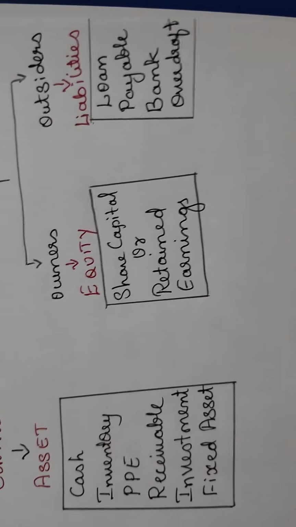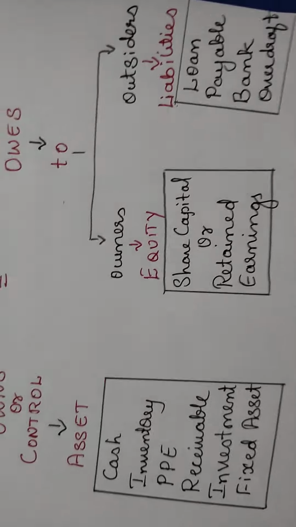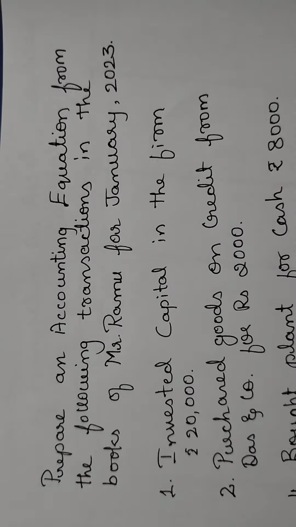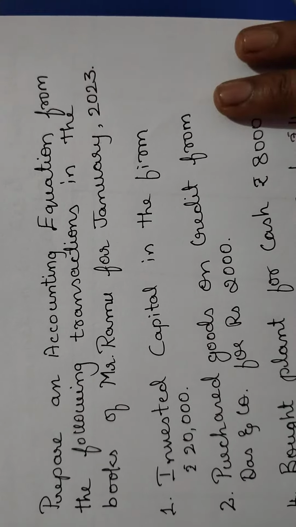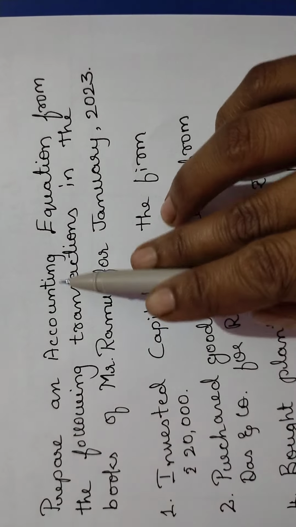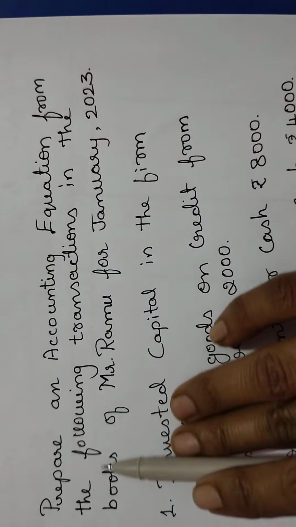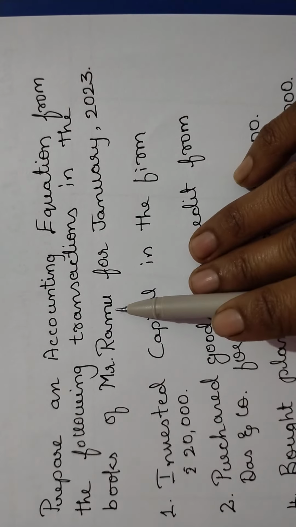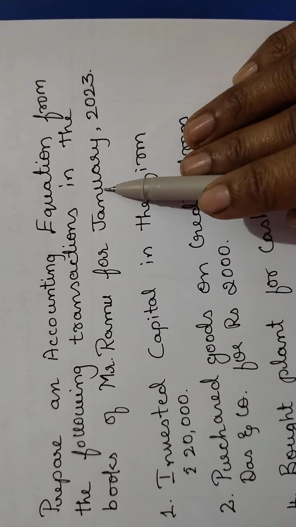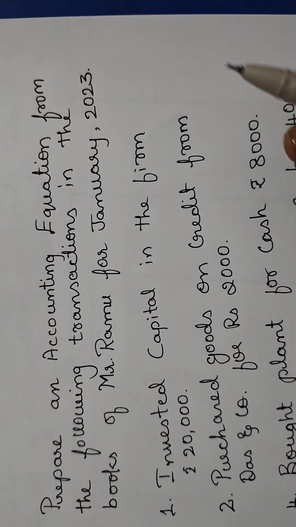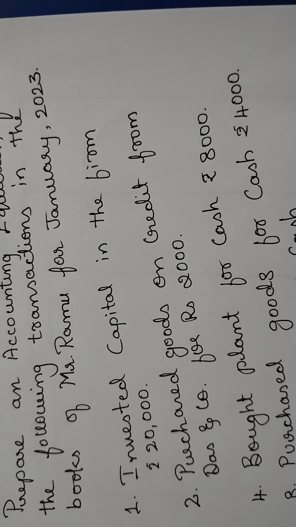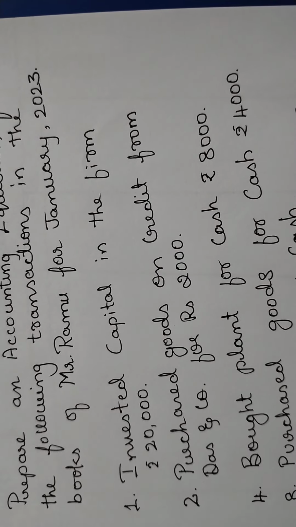Now we'll solve one practical problem for a better understanding of this equation. Here the question: prepare an accounting equation from the following transactions in the books of Mr. Ramu for January 2023. So in the books of Ramu, we are passing these entries. What is the equation?